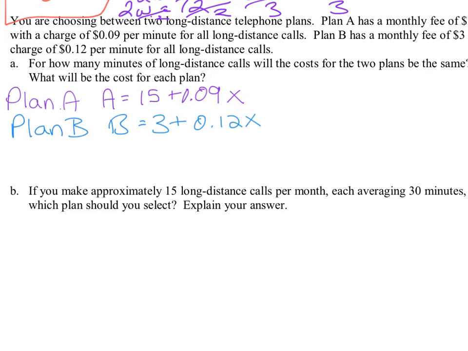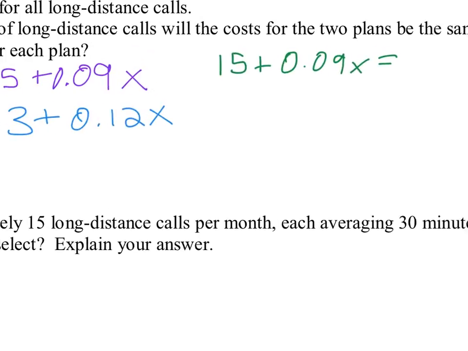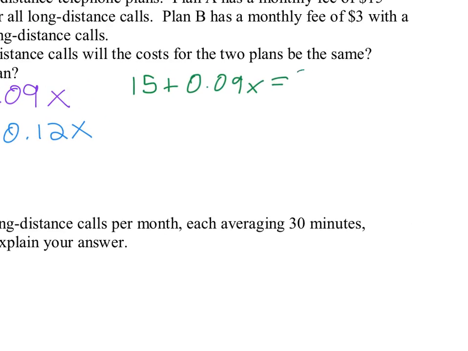Okay, so what we're going to do is set these two equations equal, the 15 plus 9 cents per minute and the 3 plus 12 cents per minute, and find out how many minutes you need. So, since we're putting these together, it's going to be 15 plus 0.09x equals 3 plus 0.12x.